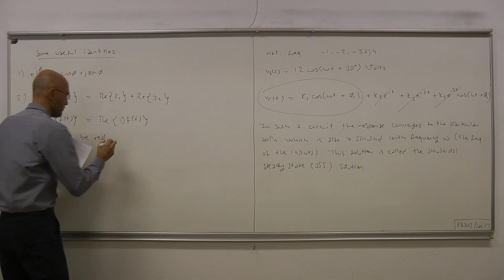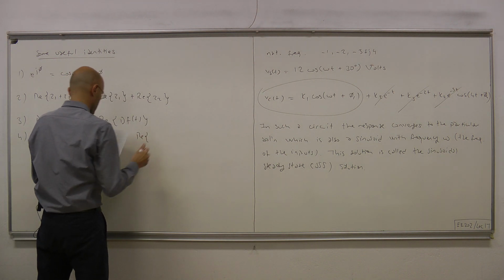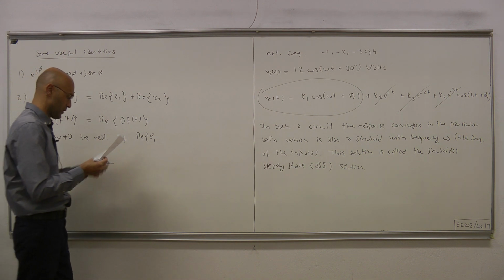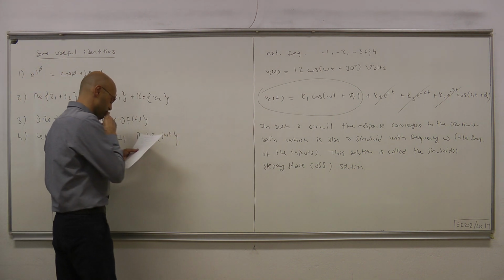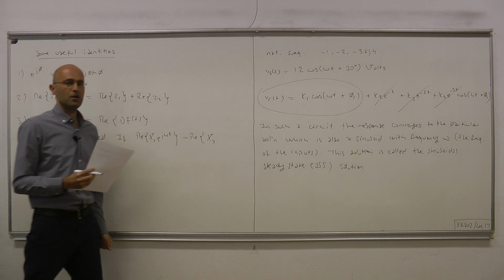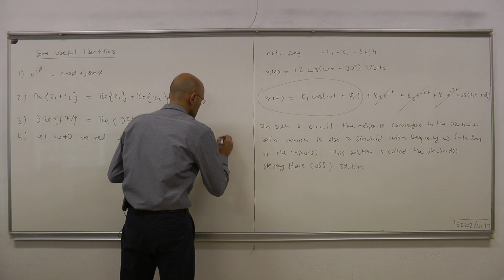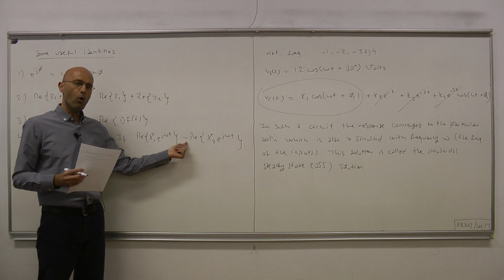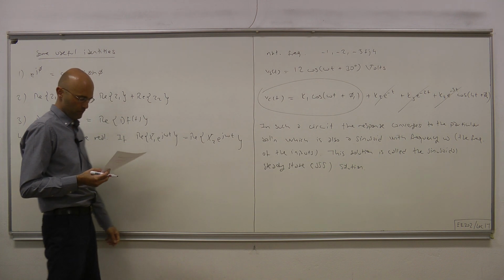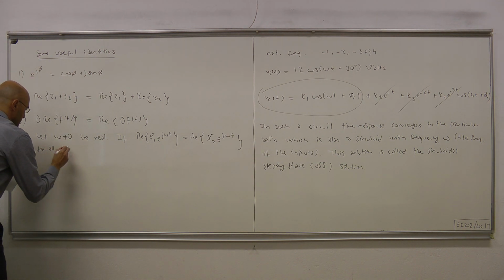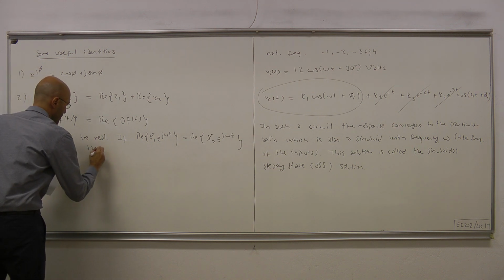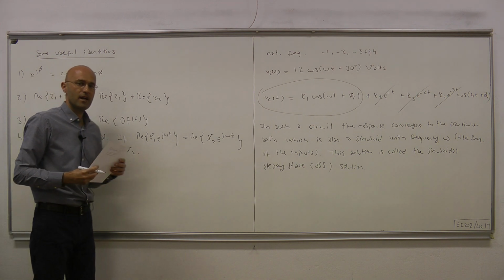If the real part of some fixed complex number, let's denote it by capital X1, times e to the j omega t, equals the real part of some other constant, which we denote by X2, times e to the j omega t, and if this equality holds for all times t, then it must be that X1 equals X2.